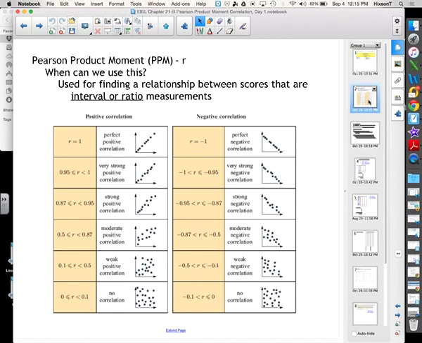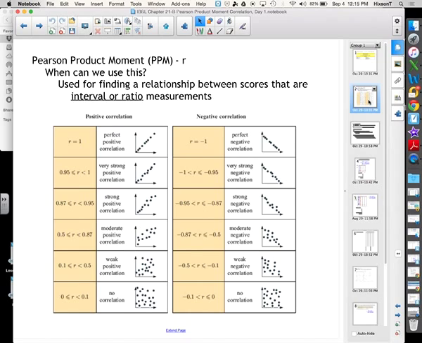I mentioned something yesterday. No. This doesn't take into account how much data we got these numbers from. This is a general description of strength, but it doesn't take into account whether we had 5 people or 50 people.